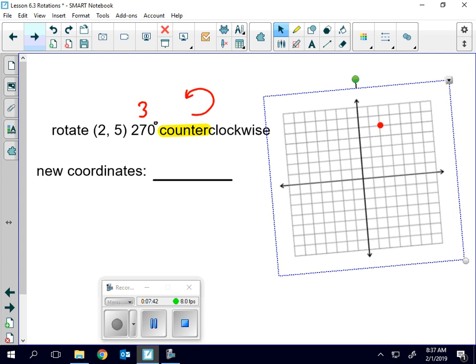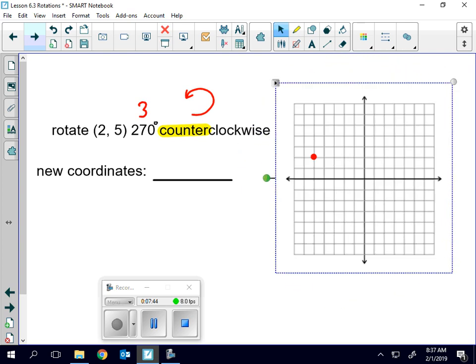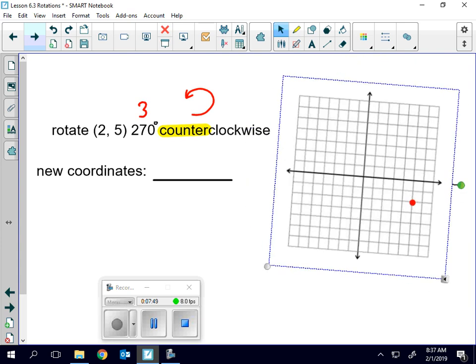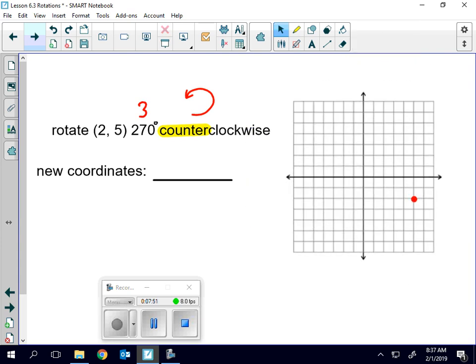So we got to go counterclockwise, that's this way. So 1/4, 2/4, 3/4. Notice that was the same as when we turned it 90 degrees clockwise. And we're going to get 5, -2.